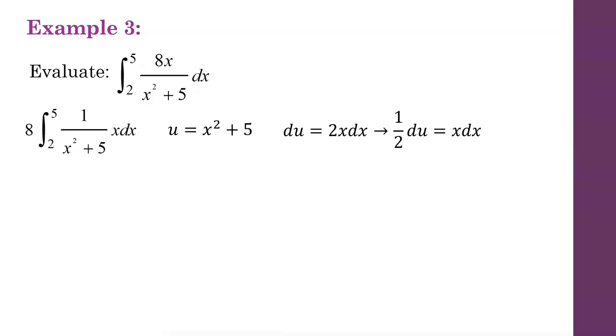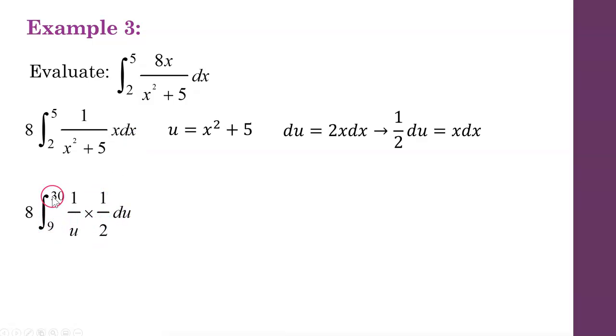I'm going to find the du. du is 2x dx, which means x dx is half of du. And I can go ahead and replace the pieces. So I get 1 over u, and x dx becomes 1/2 of du.